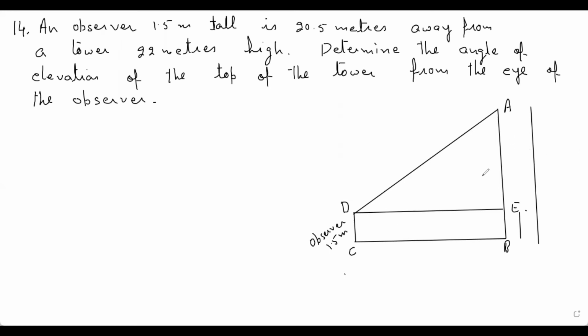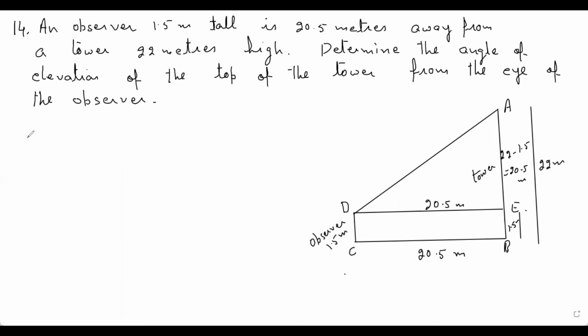Let AB be the tower, which is 22 meters high. This observer is 20.5 meters away from the tower, so BC is 20.5 meters, and DE is also 20.5 meters. If DC is 1.5 meters, then EB is 1.5 meters.